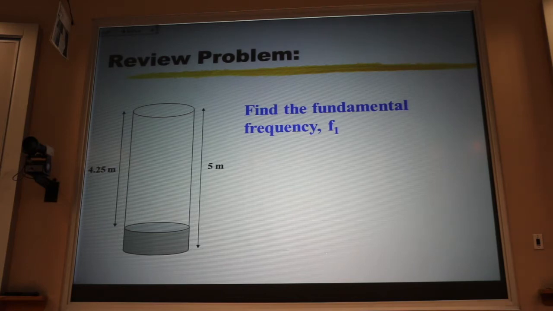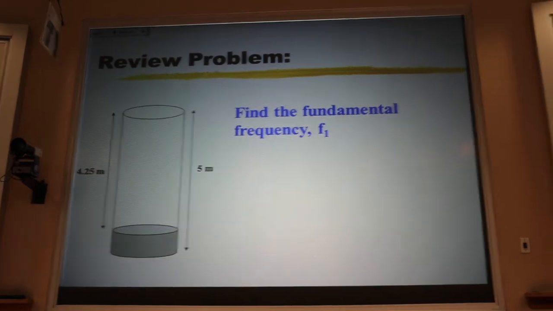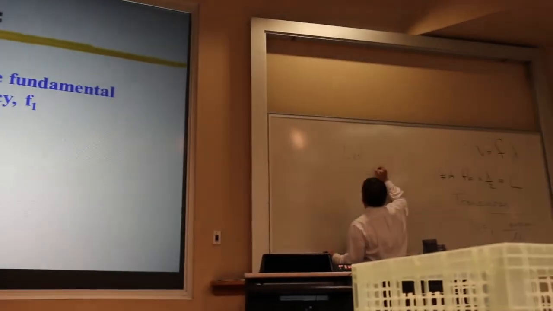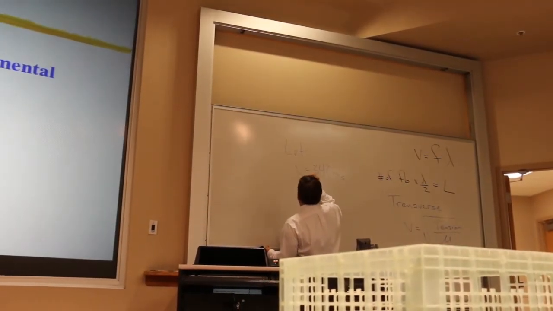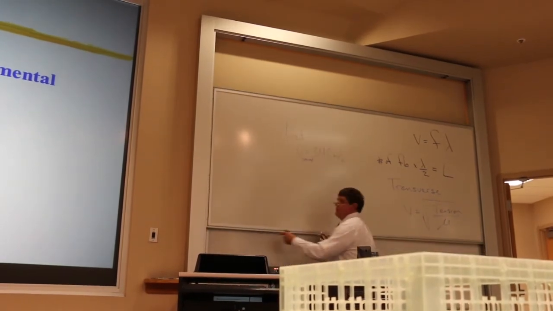So what we're going to do in this problem is instead of taking 343 meters per second for the speed of sound, we're going to round that down to 340. So in this problem, let V equal 340 meters per second, the sound speed. Okay, so it's not room temperature.